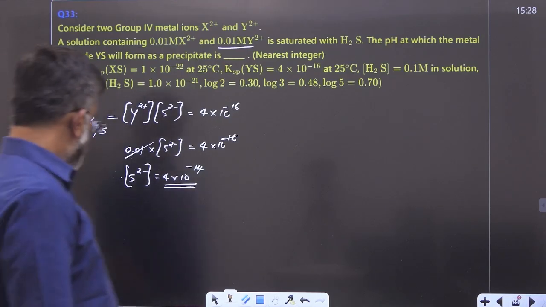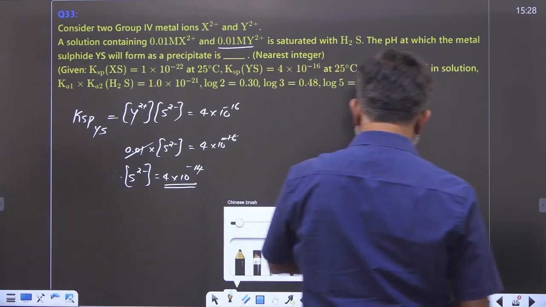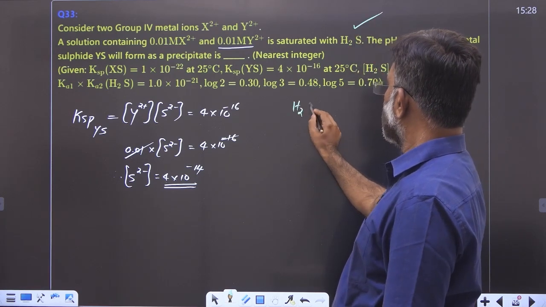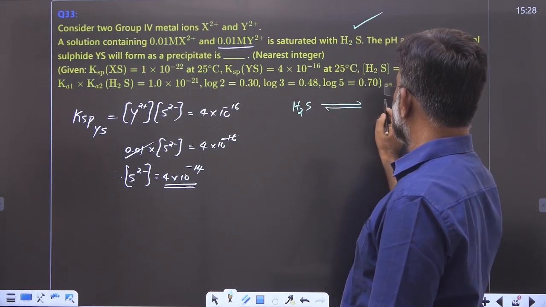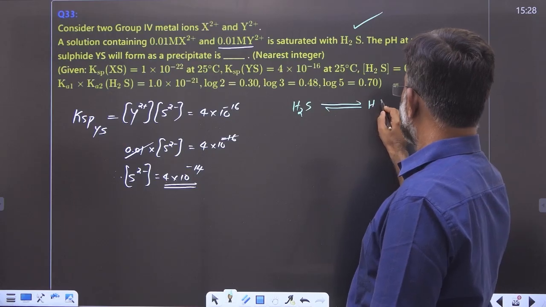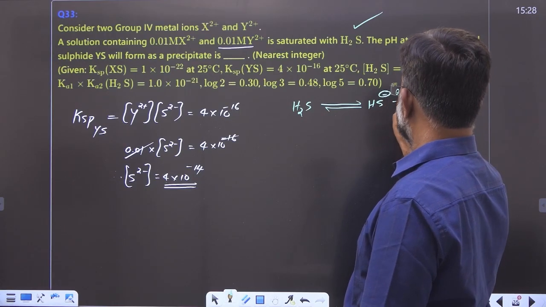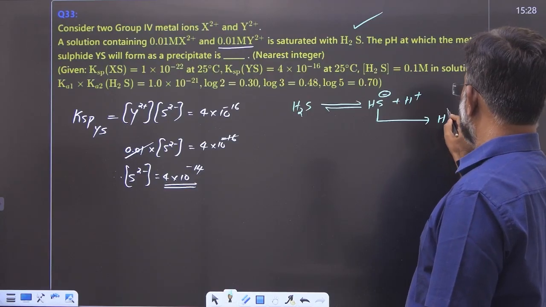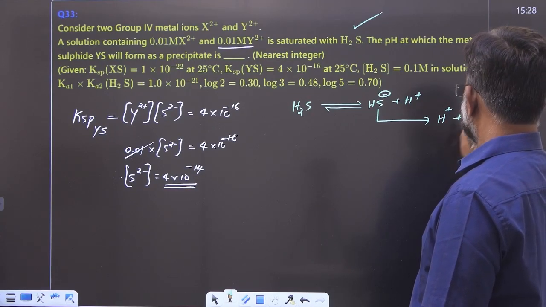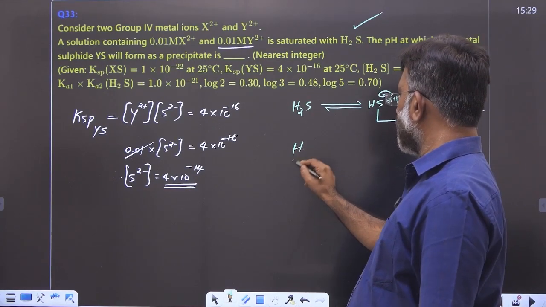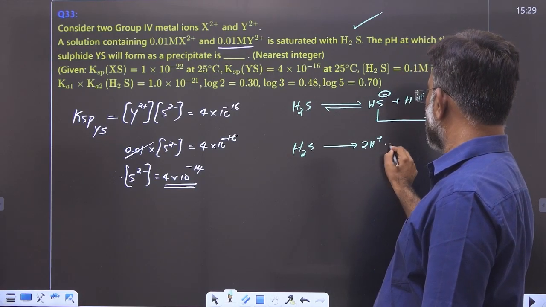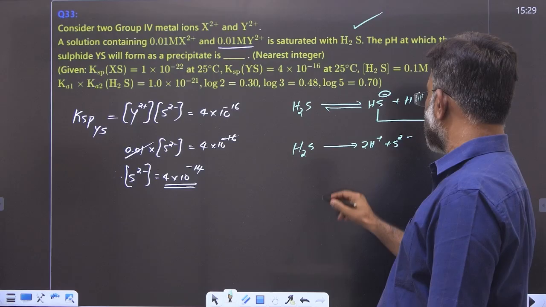Okay. Now, considering this dissociation, H2S will dissociate giving HS minus plus H plus, and that further dissociates into H plus plus S2 minus. The overall reaction will be H2S dissociating into 2H plus plus S2 minus.